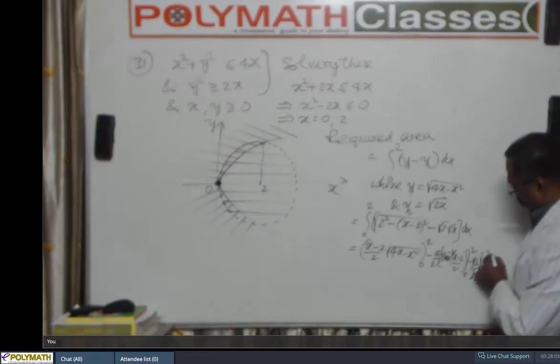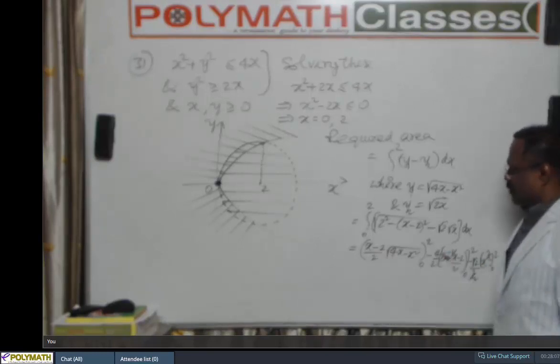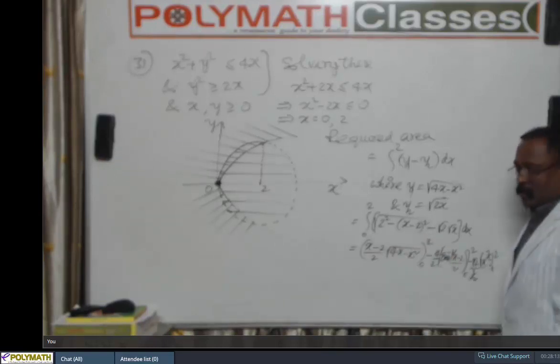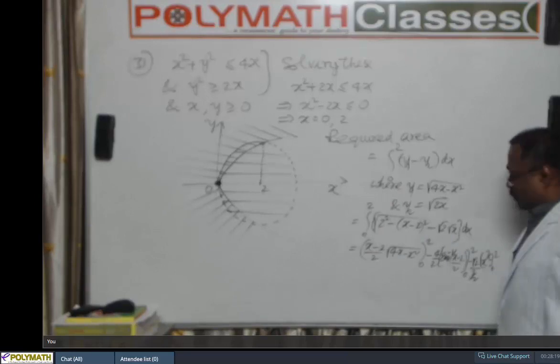What are the limits here? In this case also 0 to 2. Now directly substitute the limits. Most generally what happens, the first part always becomes 0. You can see that clearly. Whether the upper limit is substituted or lower limit is substituted, that part becomes 0.